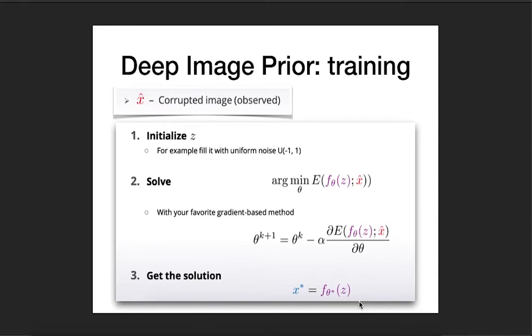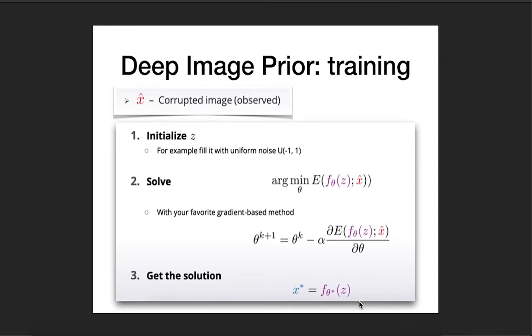X hat, the label, is the noisy image. I want to denoise something. Let's say I have only one image in my hand. I don't have a data set of them. So I have just this x hat, which is a noisy image, and I want my theta in a way that it takes noise, and after training, it will be able to generate a denoised estimate of x hat, which is kind of counterintuitive.